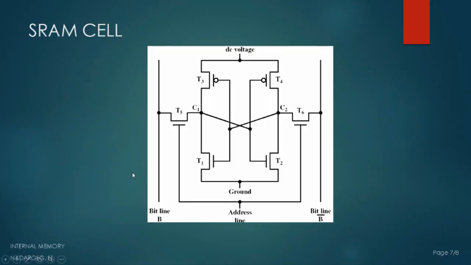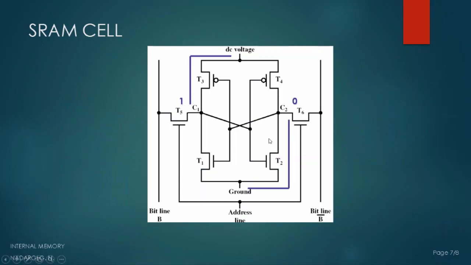Now let's look at the basic structure of the SRAM cell. The figure shows the SRAM structure. Four transistors, that is T1, T2, T3 and T4, are cross connected in an arrangement that produces a stable logic state.